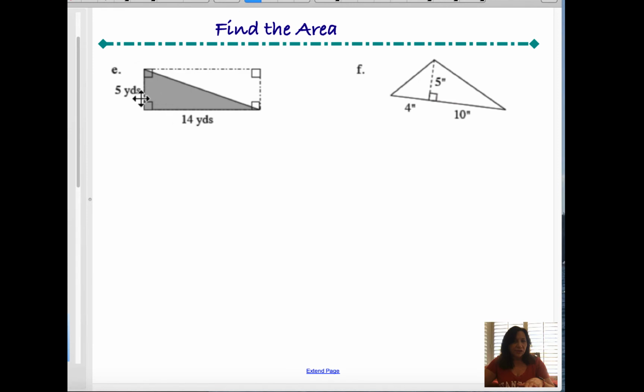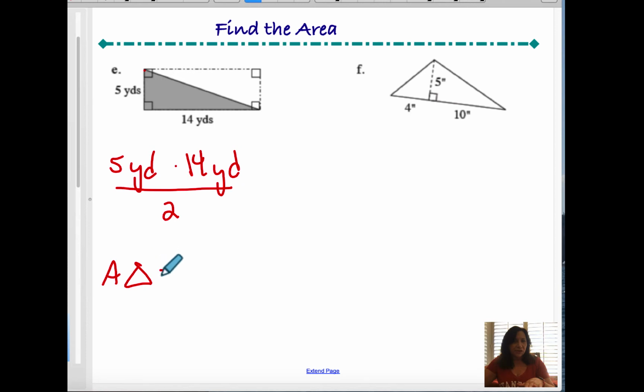So find the area. We know that this is actually not a rectangle. This is a triangle. So your options are either to find the area of the rectangle, which is 5 yards times 14 yards, and then take that value and divide it by 2, which is the same thing as saying, well, this is a triangle, and the area of a triangle is equal to 1/2 base times height.